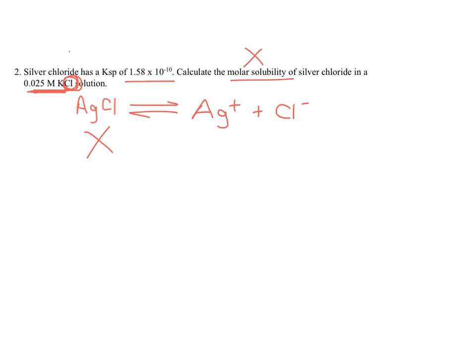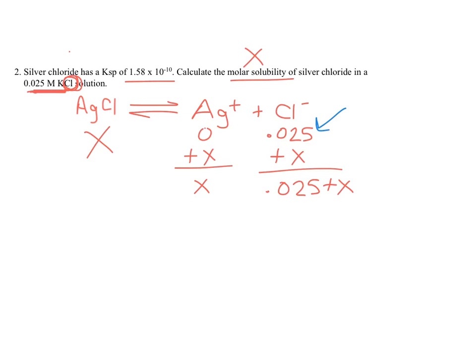That chloride concentration is 0.025. So instead of that number being 0, I have a number there instead. And then I have plus X, so 0.025 plus X. And then just regular plus X over here. That's the only difference, is that right there is not 0, because we're not dissolving it in just plain water, we're dissolving it in something that has chloride ions already.